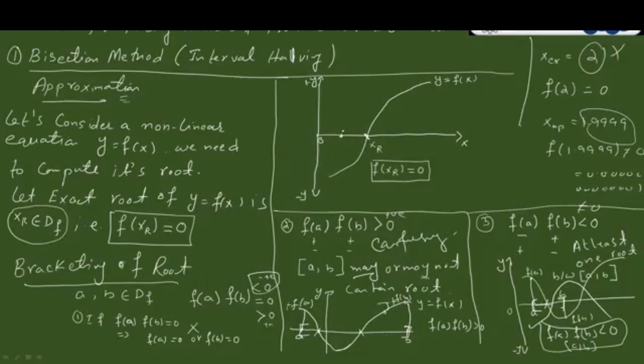Do not ask me where I got the A, and let's say I selected B somewhere there. It is a random choice, initially. So A and B. I need to define those A and B. A belongs to the domain and B also belongs to the domain of the function.